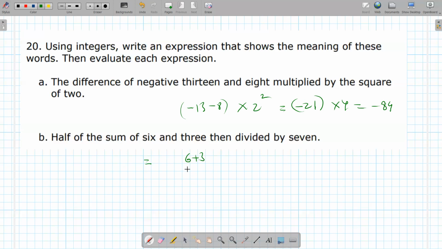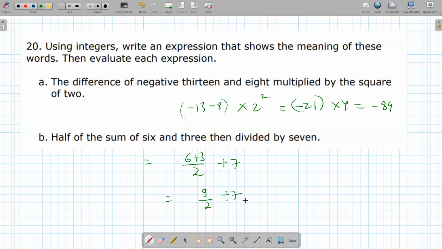Divided by 2. And then divided by 7. Wait, how would that work? Okay. So it's 9 over 2 divided by 7.